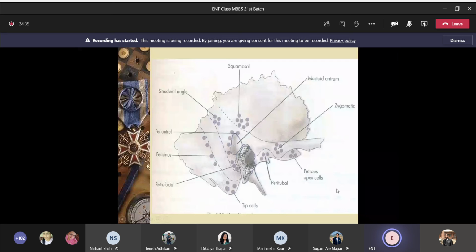There are petrous apex cells, and around the eustachian tube opening there are peritubal cells. In the squamous part, there are squamous cells, and there is the sinodural angle, the angle made by the dural plate and the sinus plate. Here there are sinodural cells, and the cells around the main mastoid antrum are the periantral cells, and the cells around the facial nerve are the retrofacial cells. In the sinus plate there are perisinus cells, and in the tip of the mastoid are the tip cells.